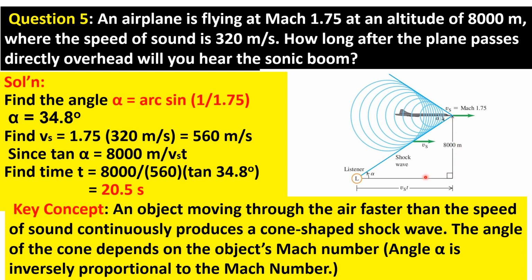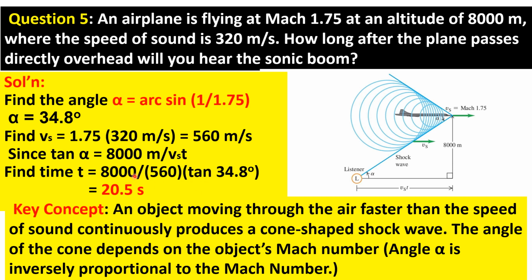That's also alpha. And from there, we can define that tangent alpha is equal to the altitude, 8,000 meters, divided by this adjacent side, which is just the product of the time t and the speed of the airplane, vs t. Because we don't know yet the time t, that is what we are going to isolate. The time t will now be equal to the altitude 8,000 meters divided by 560 times the tangent of the angle 34.8 degrees.